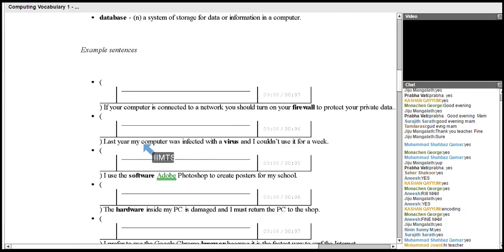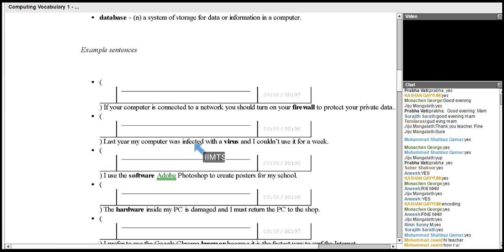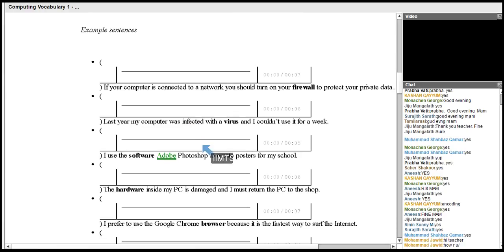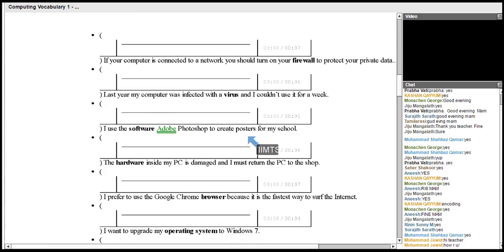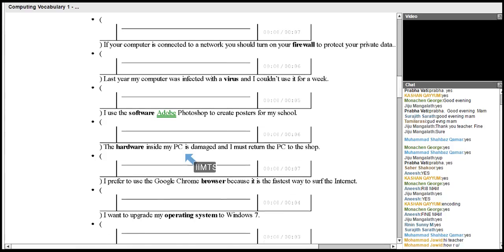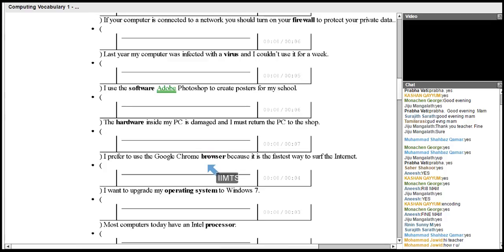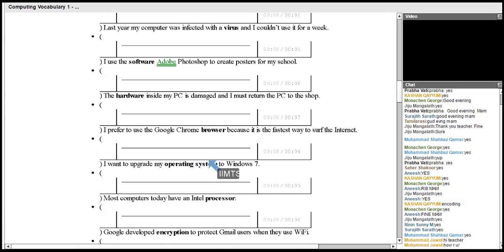Last year, my computer was infected with a virus and I couldn't use it for a week. I used the software Adobe Photoshop to create posters for my school. The hardware inside my PC is damaged. I must return the PC to the shop. I prefer to use the Google Chrome browser because it is the fastest way to surf the internet.